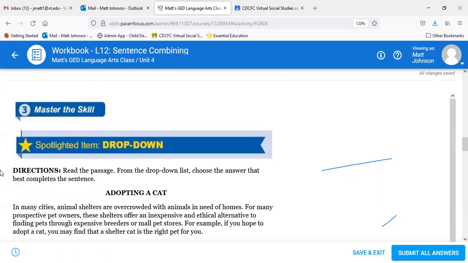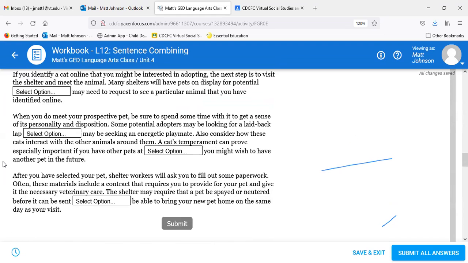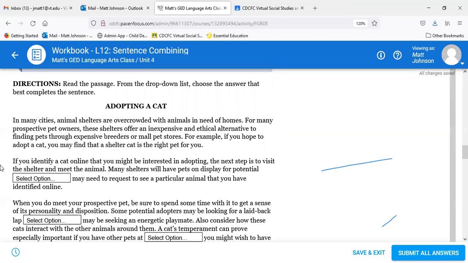Okay, and here we go with our paragraphs here. Adopting a cat. In many cities, animal shelters are overcrowded with animals in need of homes. For many prospective pet owners, these shelters offer an inexpensive and ethical alternative to finding pets through expensive breeders or mall pet stores.